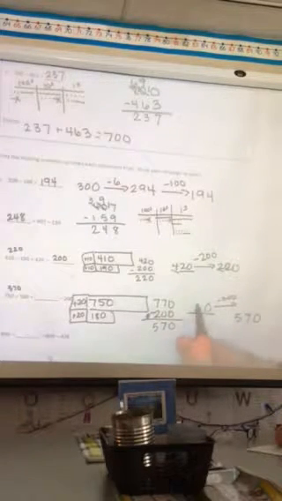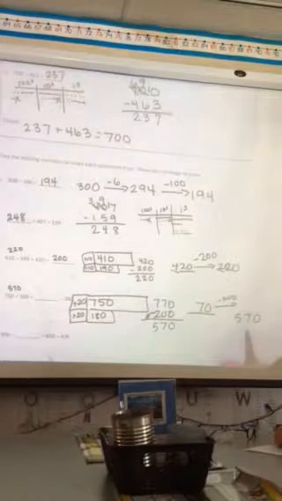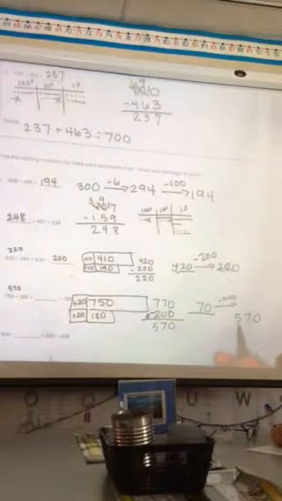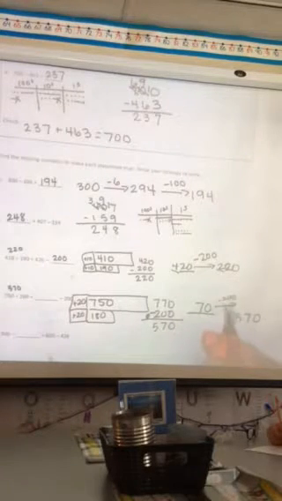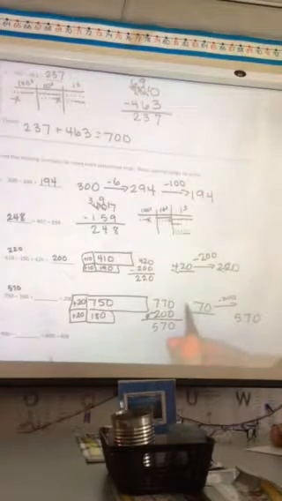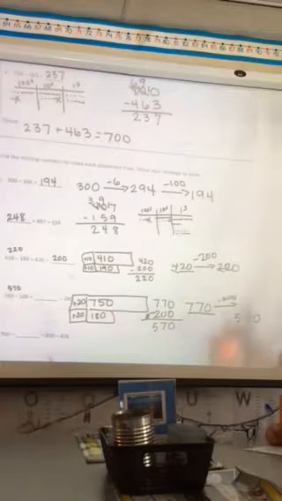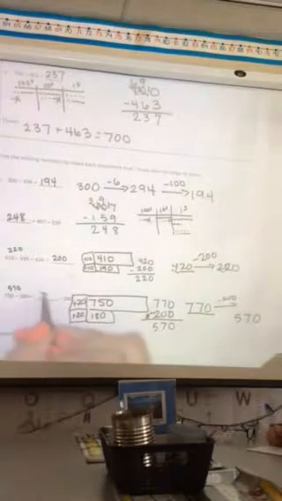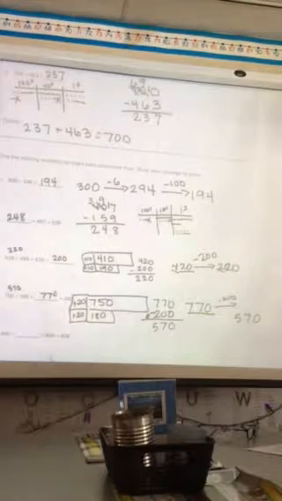The tens changed by 7. And the hundreds, 5 plus 2 equals 7. So 770 minus 200 equals 570. There we go. 770 minus 200 equals 570.